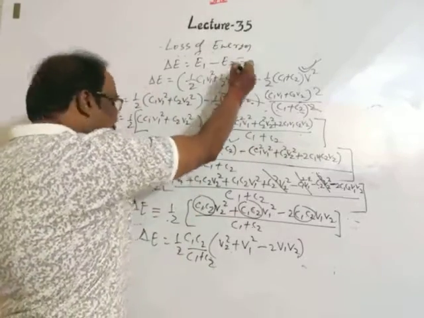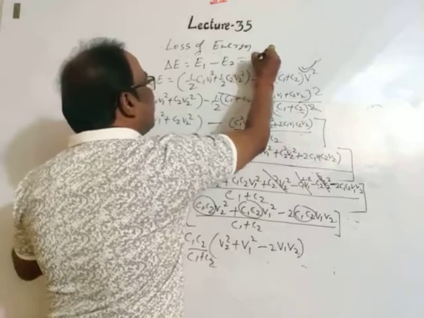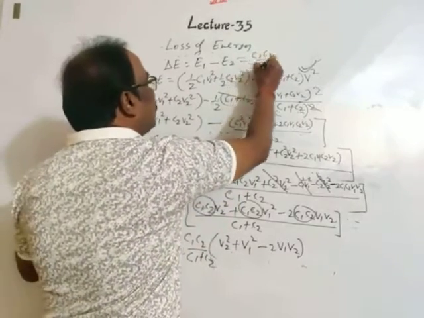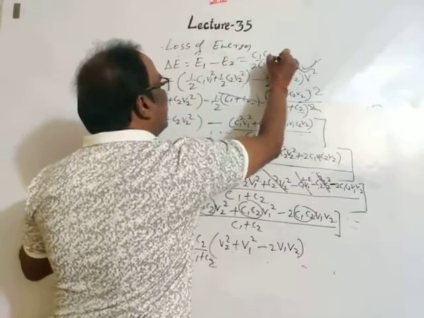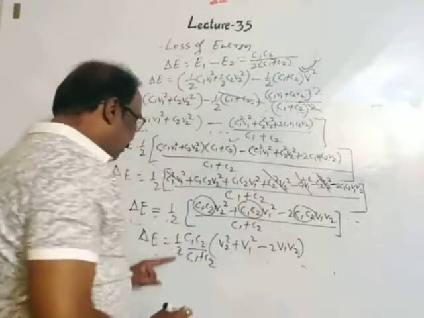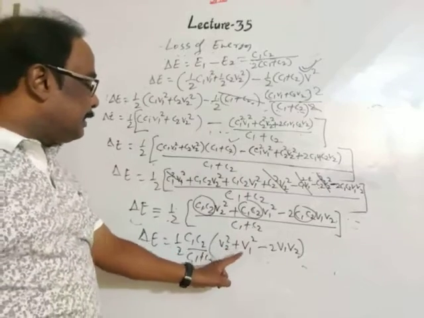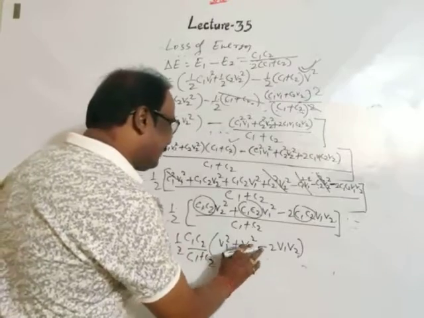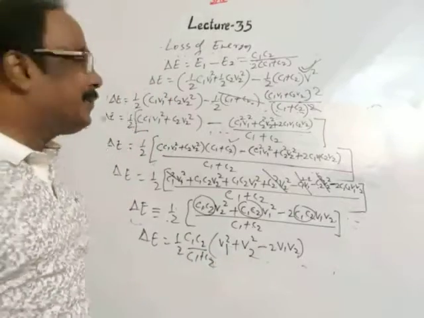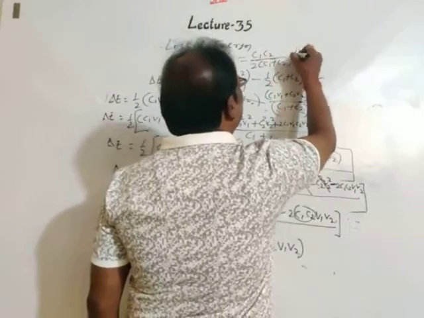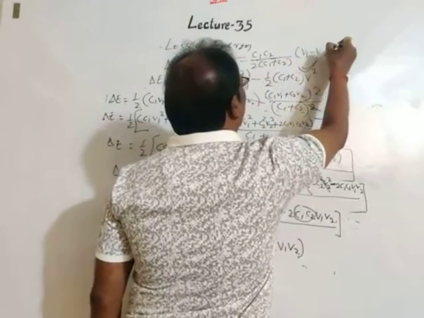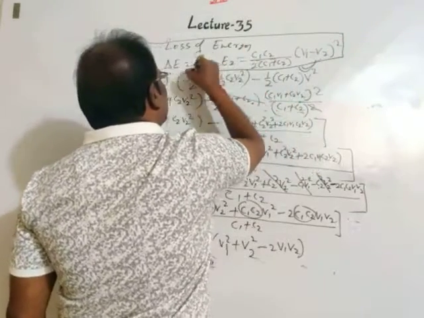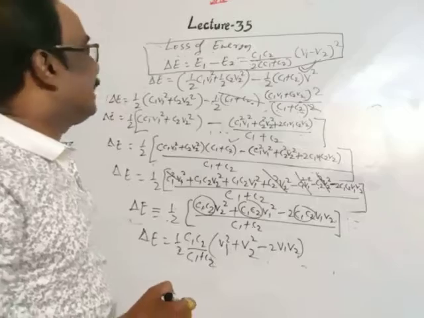Loss of energy delta E is equal to C1C2 divided by 2 into (C1 + C2), then V1 square plus V2 square minus 2V1V2, and we may write it as (V1 minus V2) whole square. Okay, this is the formula for loss of energy.